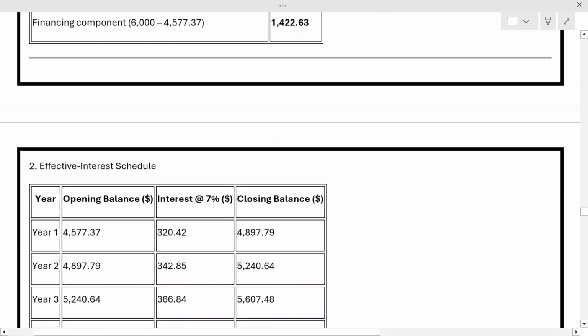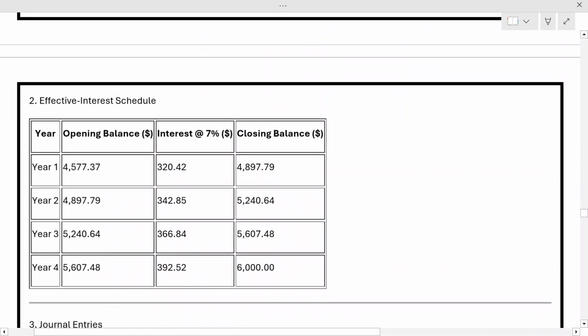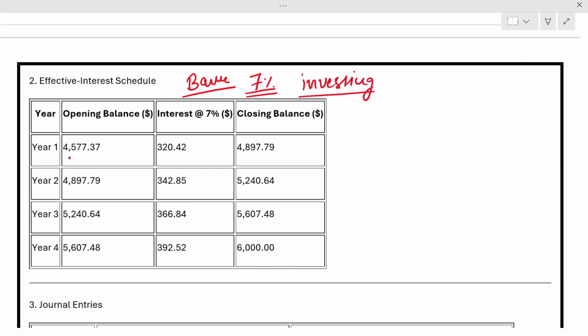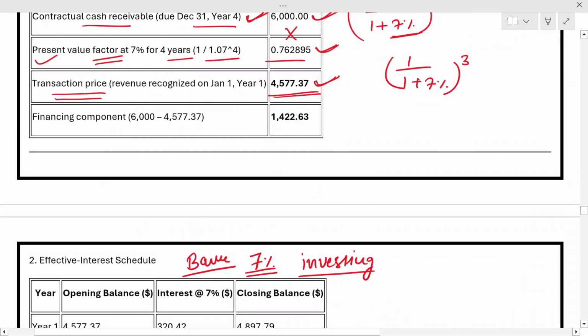Now to understand that more effectively, let's see this through a different lens. Let me give you food for thought: you go to the bank today, and inside the bank you are getting an interest rate of 7% and you are investing a certain sum of money today, which is 4,577, the amount whose value is 6,000 after 4 years.